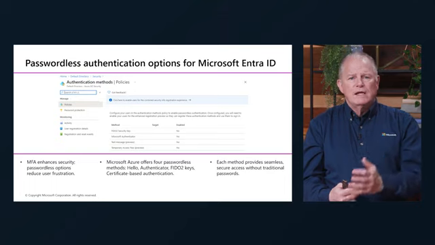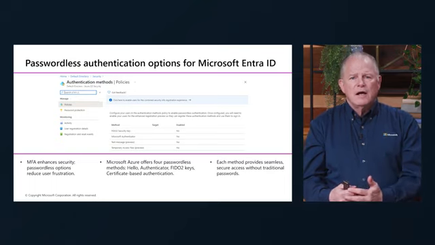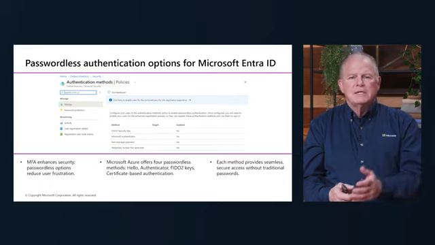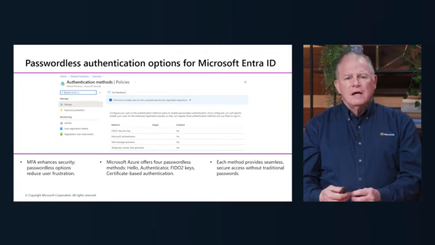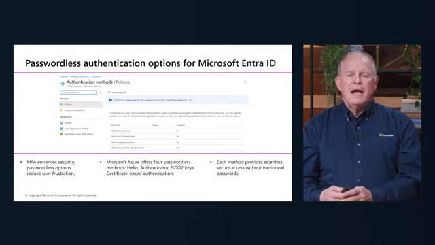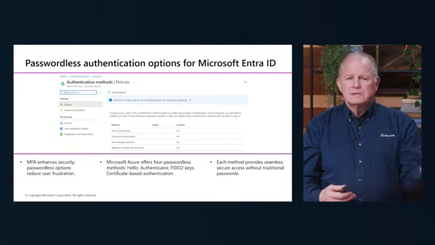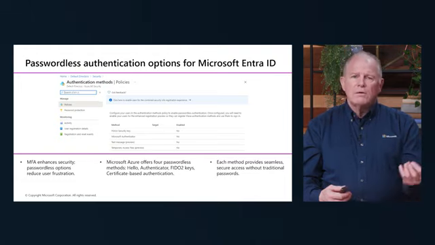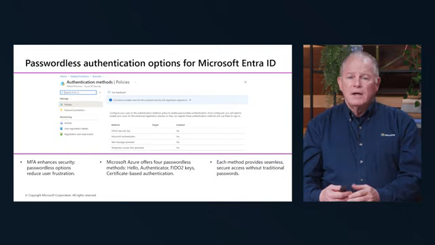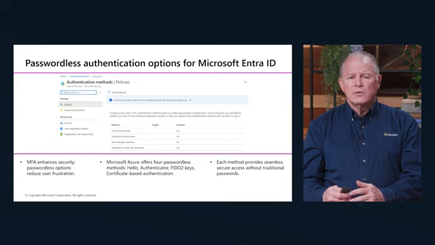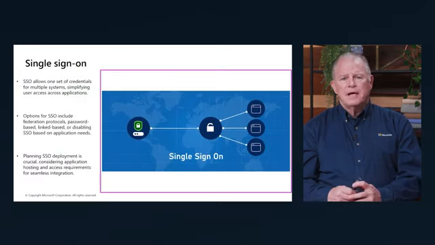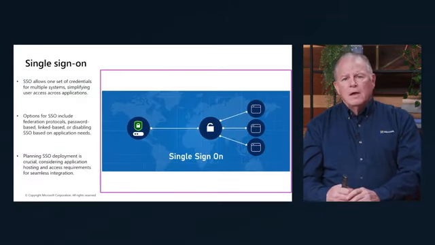So we've got a variety, you can see listed there. They talk about token capabilities, certificates, authenticator apps, and facial recognition, or Windows Hello, as ways to elevate. I can't tell you the last time I had to type my password in to log in and authenticate against Microsoft, because I'm using both my phone and my laptop. I'm using some form of MFA or facial recognition in Windows Hello on my device to do that passwordless feature.